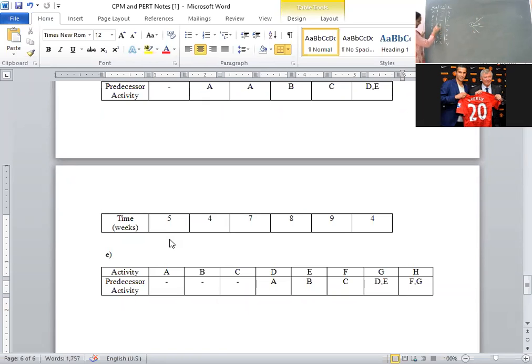Here in the preceding activity column, you have to verify A appeared only once. That means if A is completed, then only D will start. Next B. If B is completed, then only E.